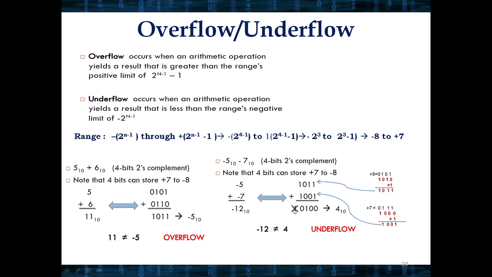What value did we get? In decimal it is 4. And here it is minus 12. Minus 12 is very much less than minus 8, so we can say that it is underflow.